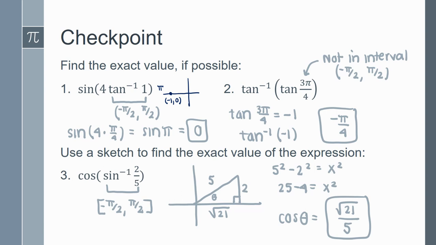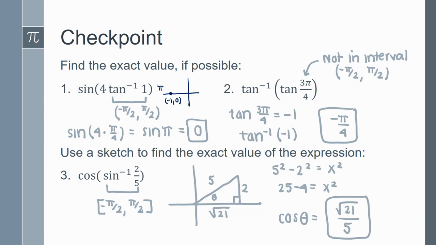Second problem, notice that we're dealing with the same trig function. So I start with the outside. Notice that inverse tangent means we go from negative pi over 2 to positive pi over 2. Because 3 pi over 4 is not going to fall in that quadrant, I need to figure out what is the tangent of 3 pi over 4. Well, 3 pi over 4 is going to fall in the second quadrant.